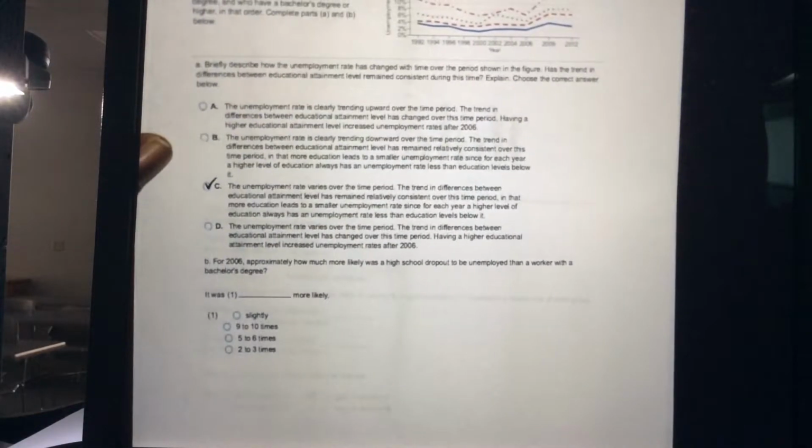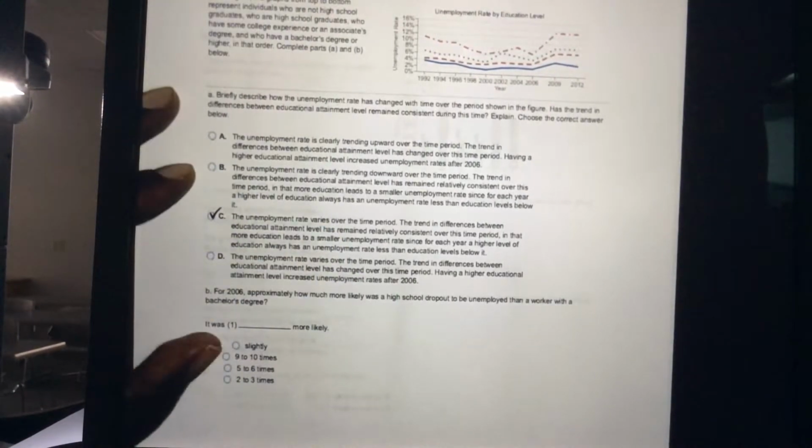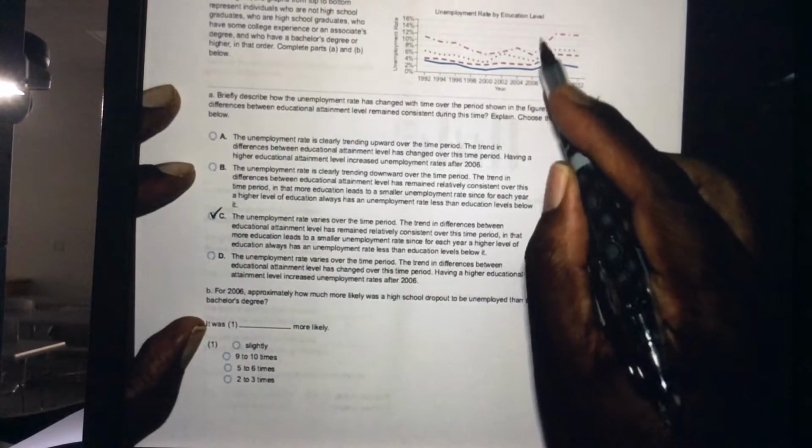Okay, and now for part B. For 2006, approximately, how much more likely was a high school dropout to be unemployed than a worker with a bachelor's degree? Well, let's look at that graph. It does say here, and this is for 2006, so I'll be looking at this right here.